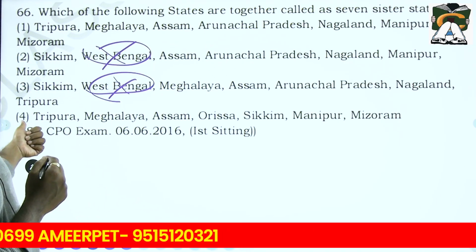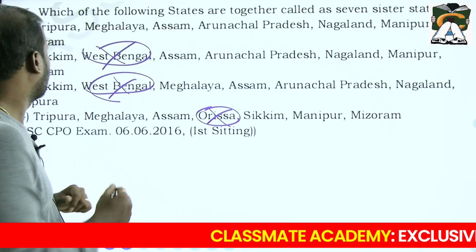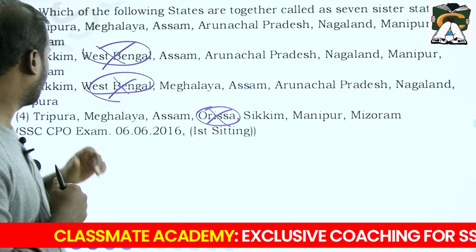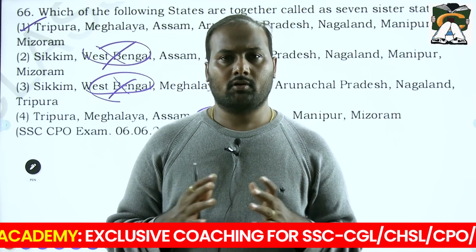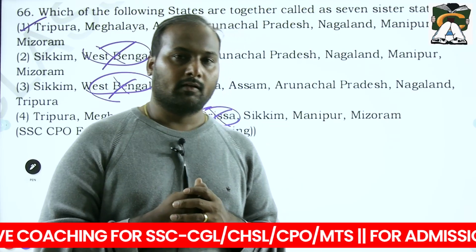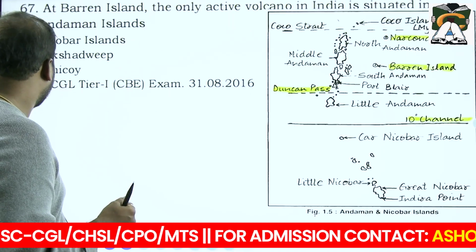And you see the fourth option, Tripura, Meghalaya, and you have Orissa. It is also wrong. So your answer is option 1. Tripura, Meghalaya, Assam, Arunachal Pradesh, Nagaland, Manipur and Mizoram are called sister states because before, all the states used to be a single land mass, that is Assam. Then from Assam, these states were formed, called sister states.